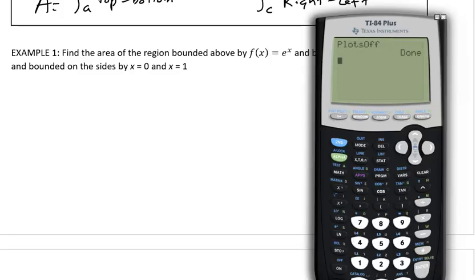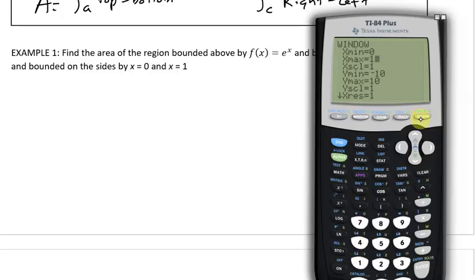Clear this out, and I want e to the x. And then I want x. I'm going to change my window because x goes from 0 to 1. Let's graph that and see what that looks like.